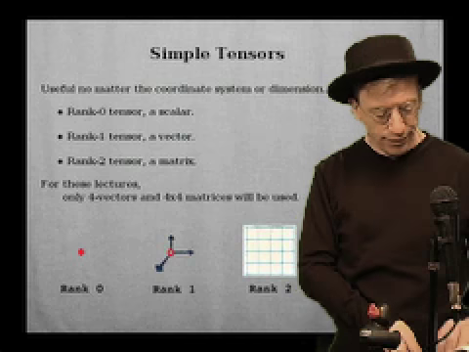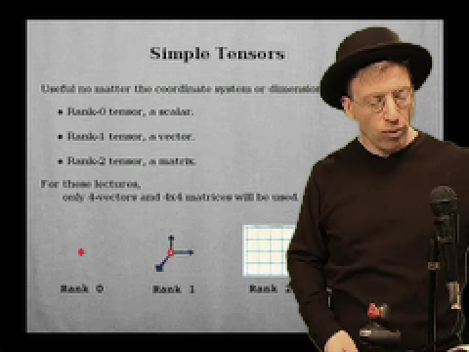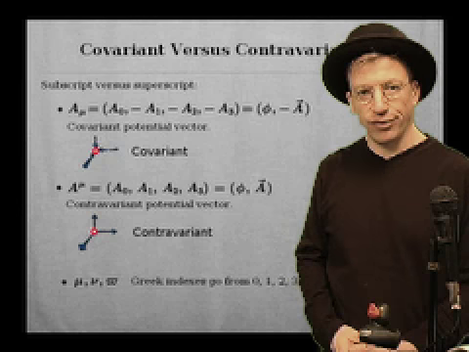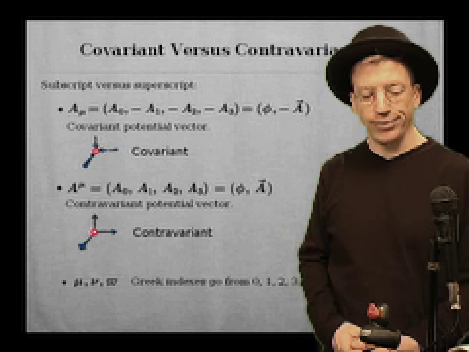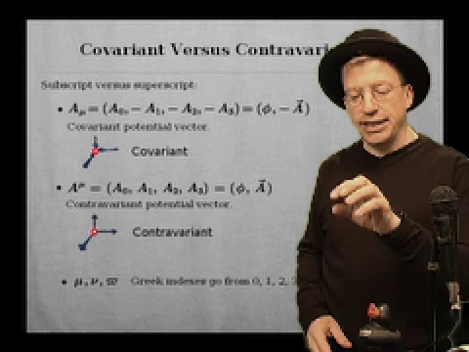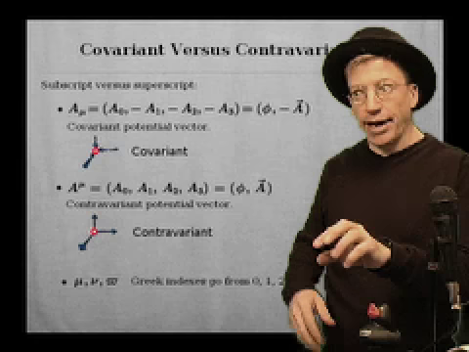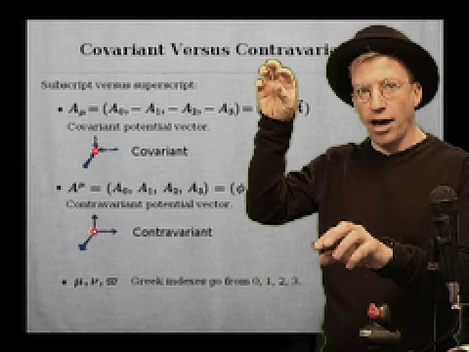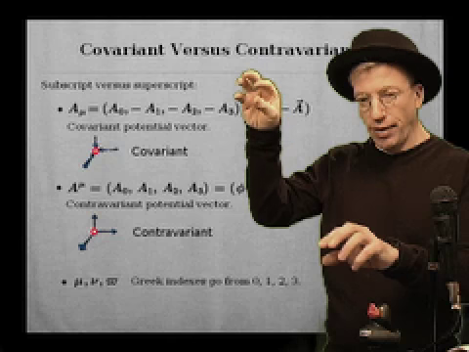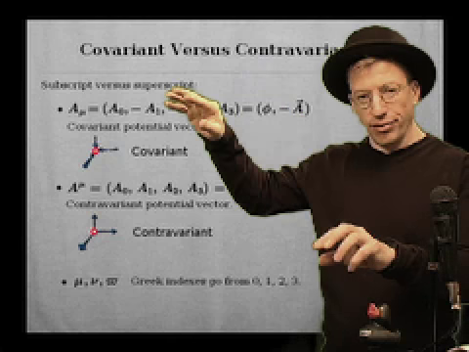All right. Now, what is a covariant vector, and how does it differ from a contravariant vector? Well, a covariant vector has the indices down low, and a contravariant has the index up high. Now the contravariant one, all the terms are positive.